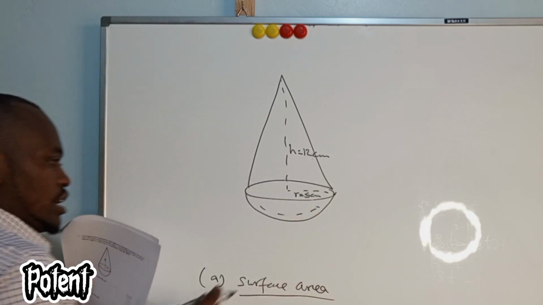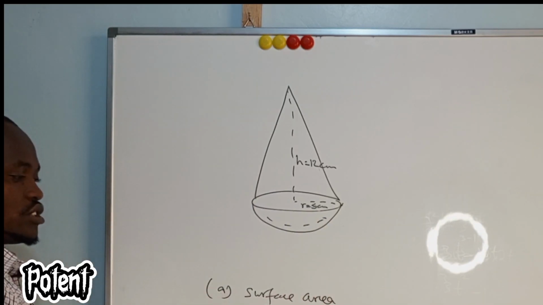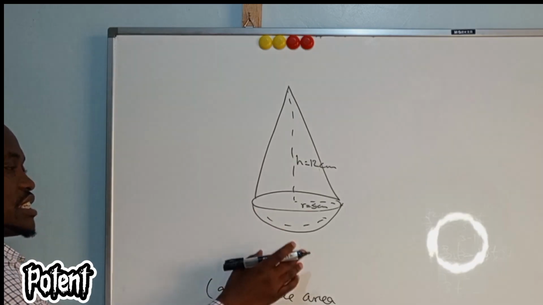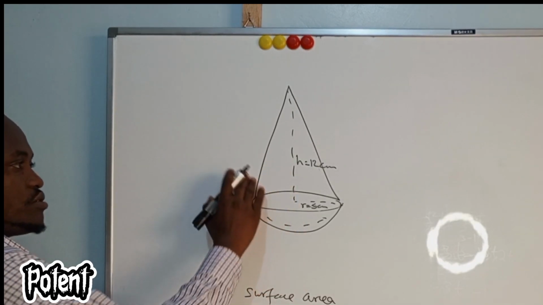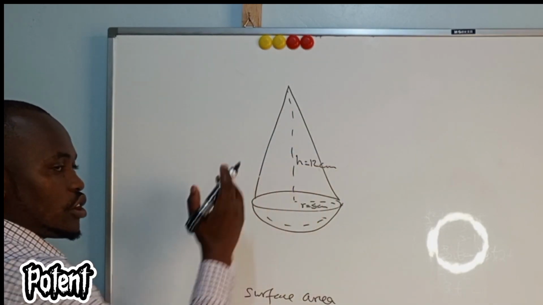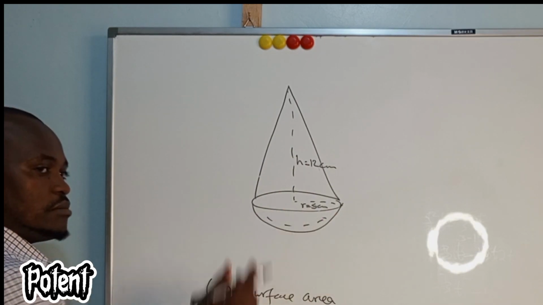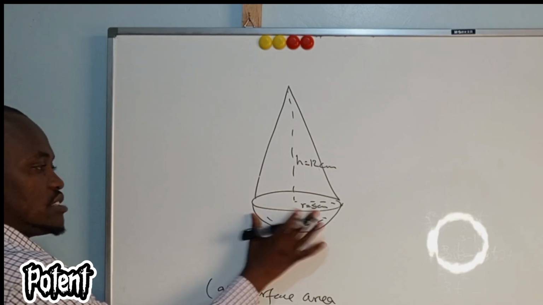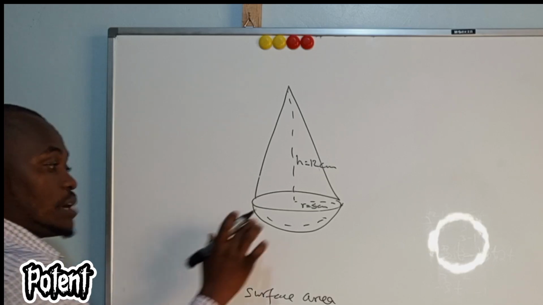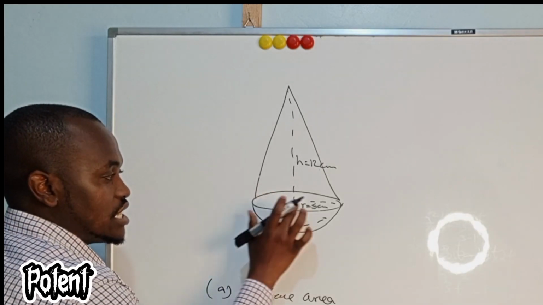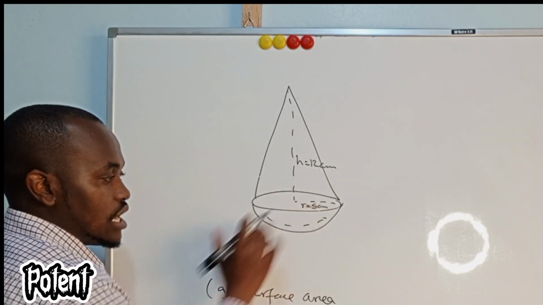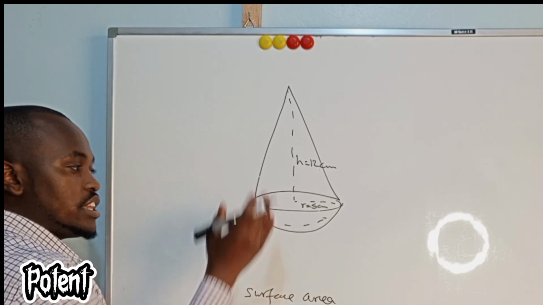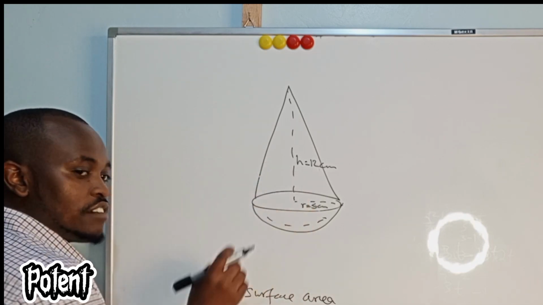Okay, now the first thing you need to know is that finding the surface area, you need to find the surface area of the conical part and of the hemispherical part, the hemisphere. So you're not supposed to find the surface area of this circle here, because the cone and the hemisphere are covered.